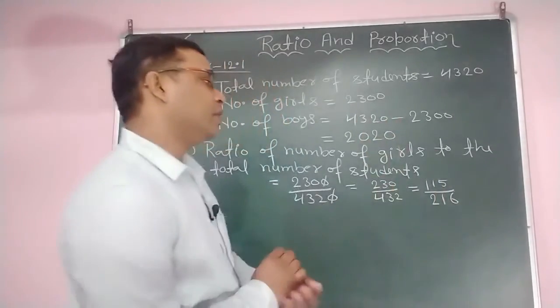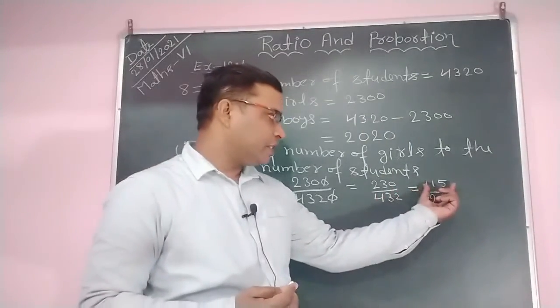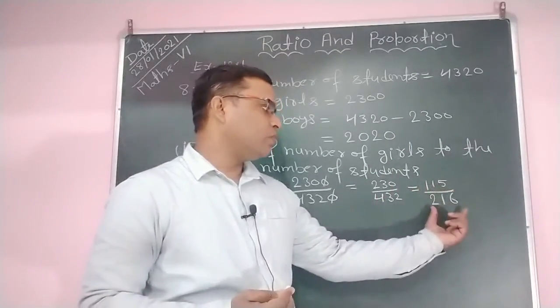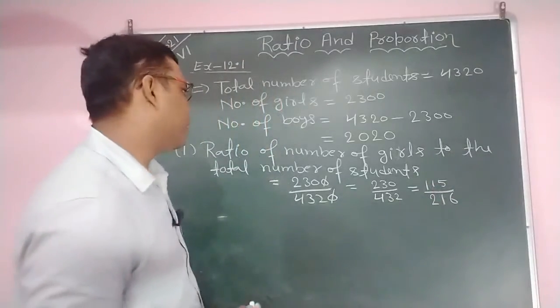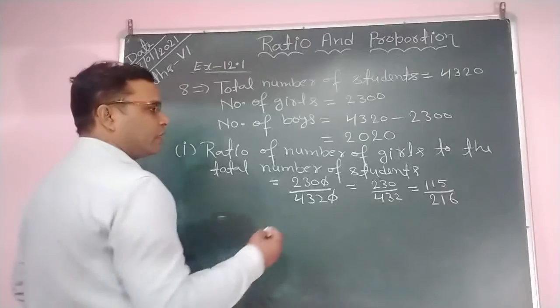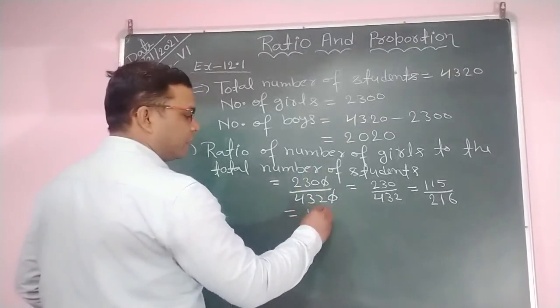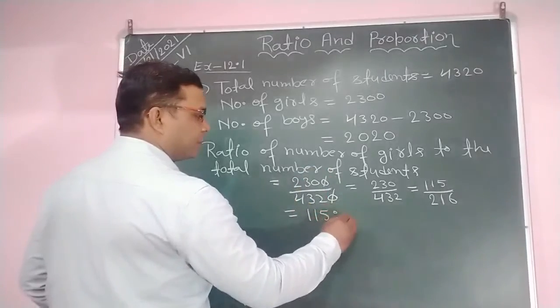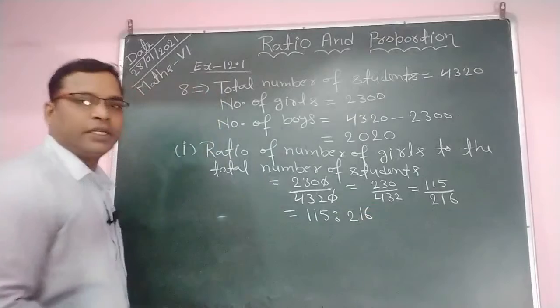This is clear? Now we have the simplest form, 115 by 216. So the required ratio of the number of girls to the total number of students is 115:216. This is clear?